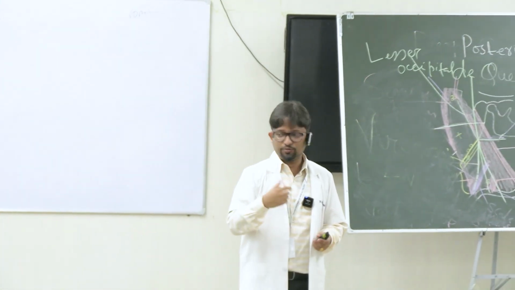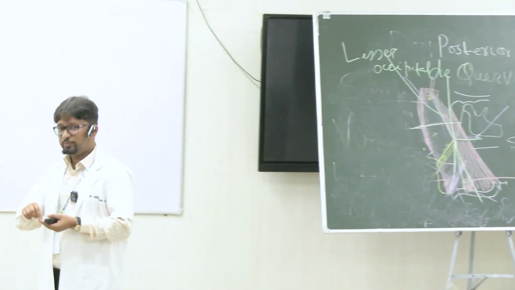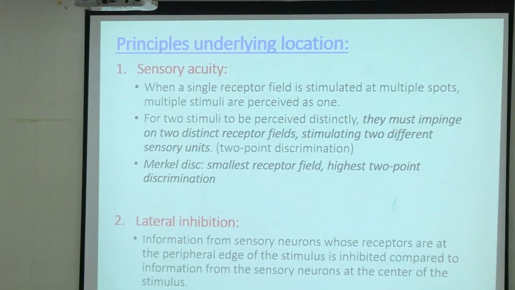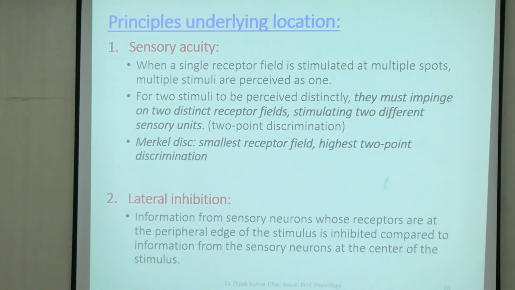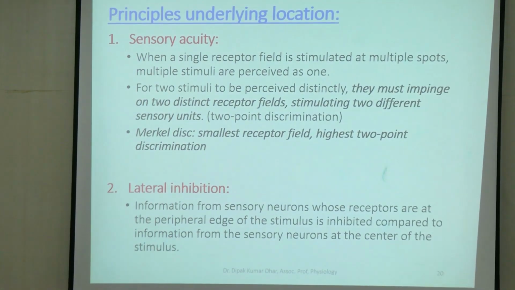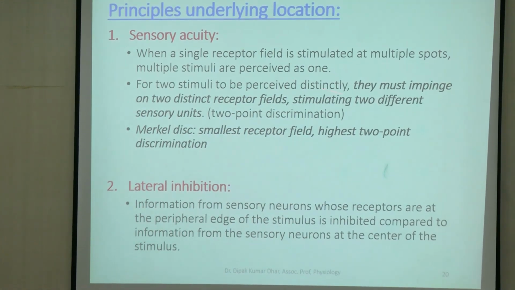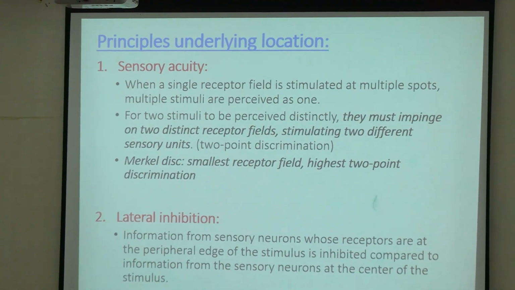But the same thing for our lips or fingertips is in millimeters, 2 to 3 millimeters. For the 2 stimuli to be perceived as distinct, they should impinge upon 2 distinct receptor fields. That is what makes them identified as 2 different stimuli. And this ability is also called 2-point discrimination.